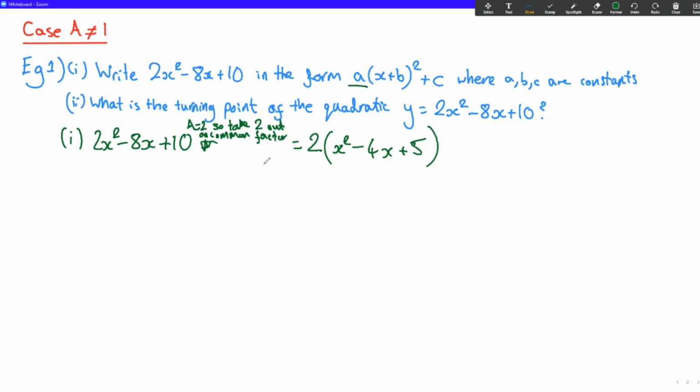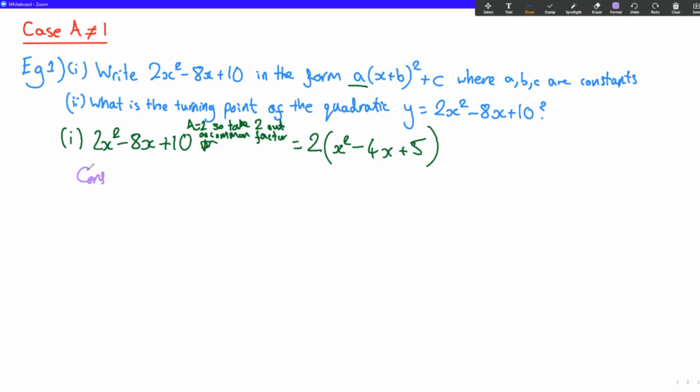Sometimes you won't end up with nice numbers. You'll end up with fractions or decimals, but that's okay. You still have to do this. You have to make sure that a is equal to 1 before you do anything. And now that a is equal to 1, now we can consider this bit inside.